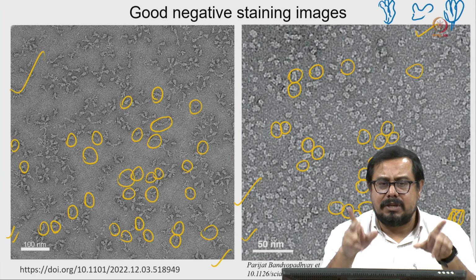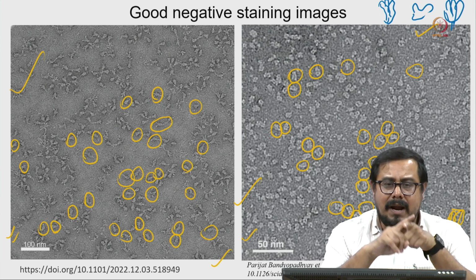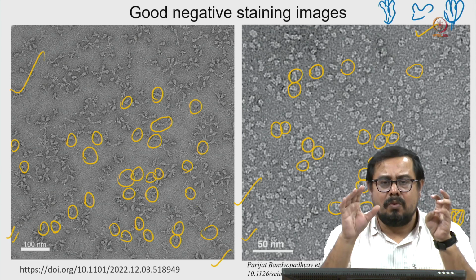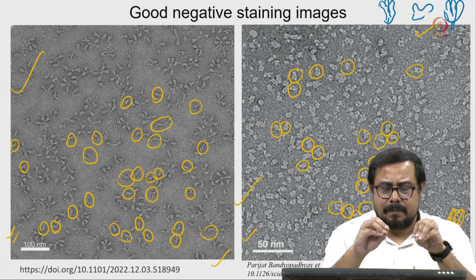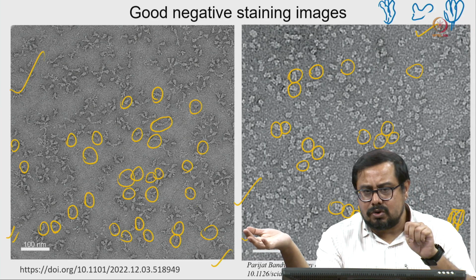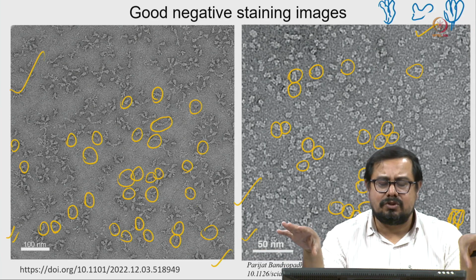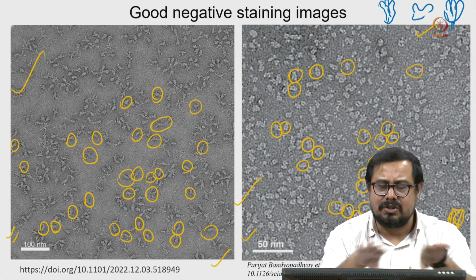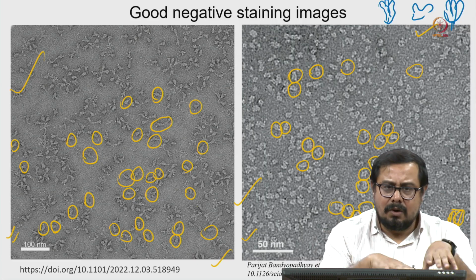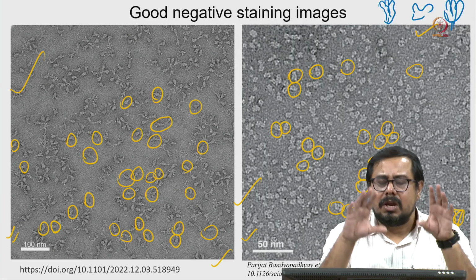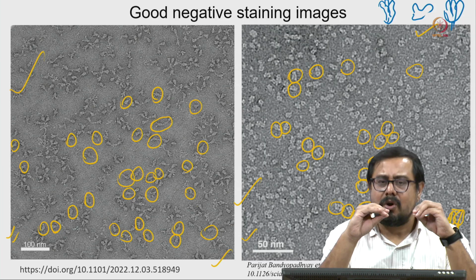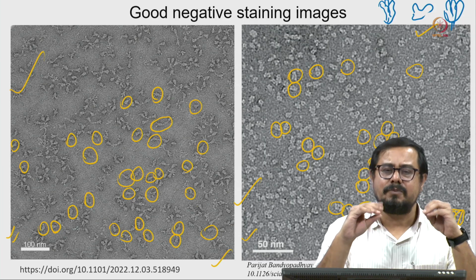There are two other major differences. One is that for negative staining we are using a staining solution, and in cryo-electron microscopy we are not using any staining solution. Most of the time it is in a physiological condition. The third one is that in negative stain your sample is collapsed or flattened. Why is it collapsed or flattened?